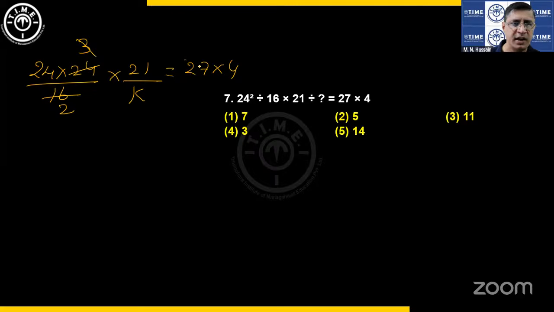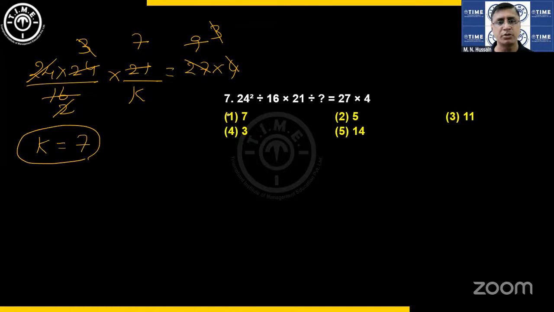Now 3 goes 9 times in 27. Now 3 3 times, 3 here 7 times. Now 3 into 4 is 12, 12 into 2 is 24. 24 and 24 get cancelled. Now what is left? Left with 7. So the question mark is equal to 7, choice 1. The first option is the right option.